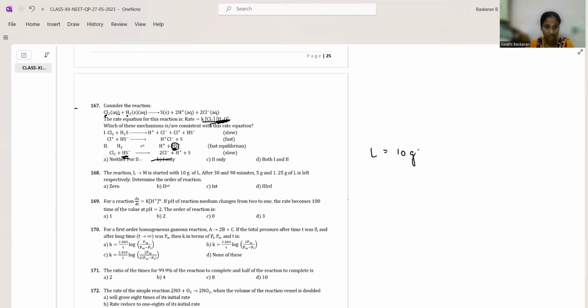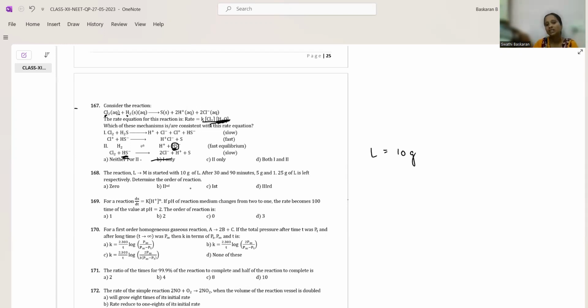And after that, they are telling that after 30 and 90 minutes, the L value is getting reduced to 5 grams and 1.25 grams. And they're asking to determine the order of the reaction.